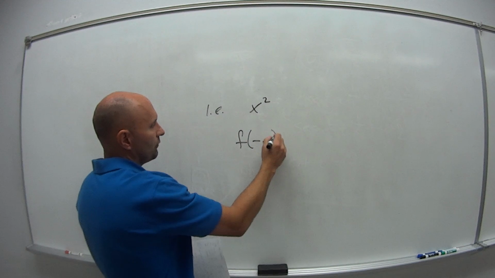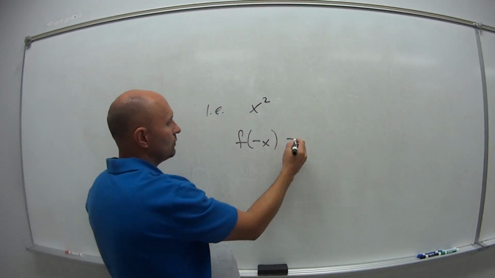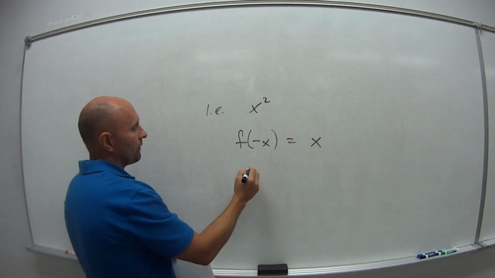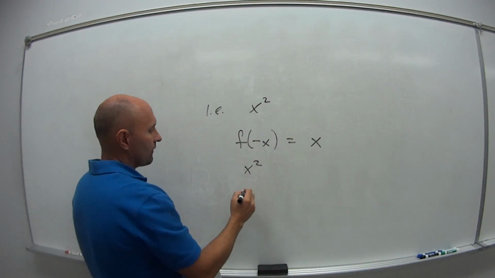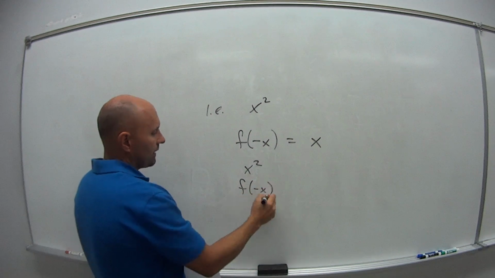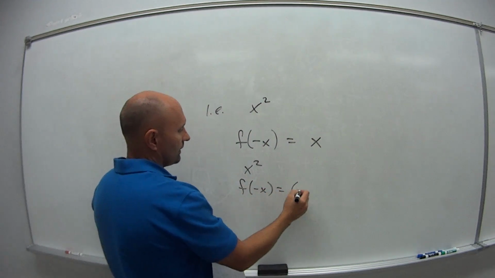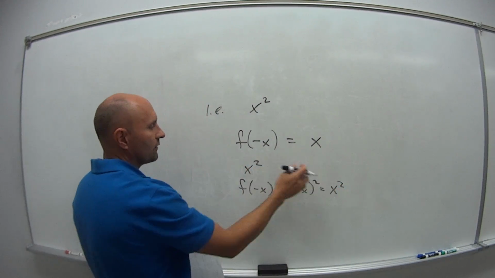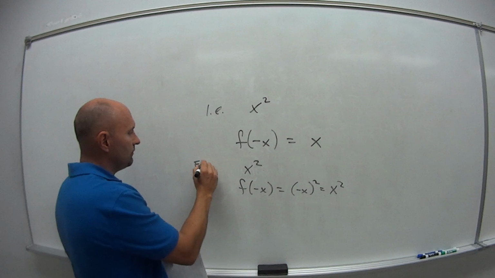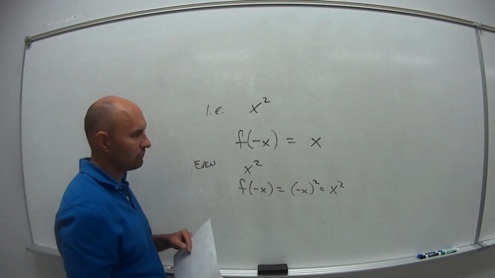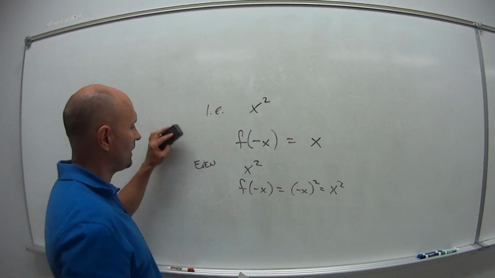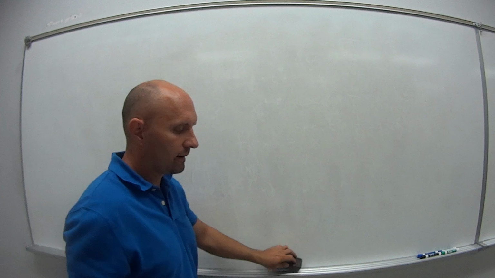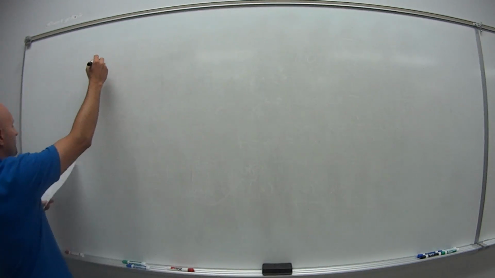Well, if we plug in the negative value and it gives us just the same value back. So if I have x squared, if I plug in f of negative x, that's negative x squared, which is just positive x squared. I get the same thing back, so that's an even function. Hopefully that knocks a few cobwebs out or refreshes your memory. Odd is when you get the negative value back. Trig functions have these properties.